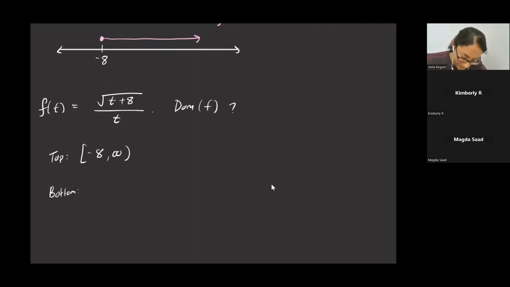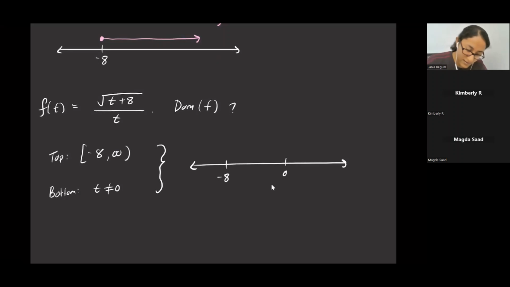Yeah, so we have to remove 0 from that interval. Now putting both of these together, you might want to draw a picture before coming up with the interval notation. So -8 right here, 0 right here. We want everything from -8 to infinity, but as we get closer to 0, 0 cannot be in it, or else it makes it undefined, right?